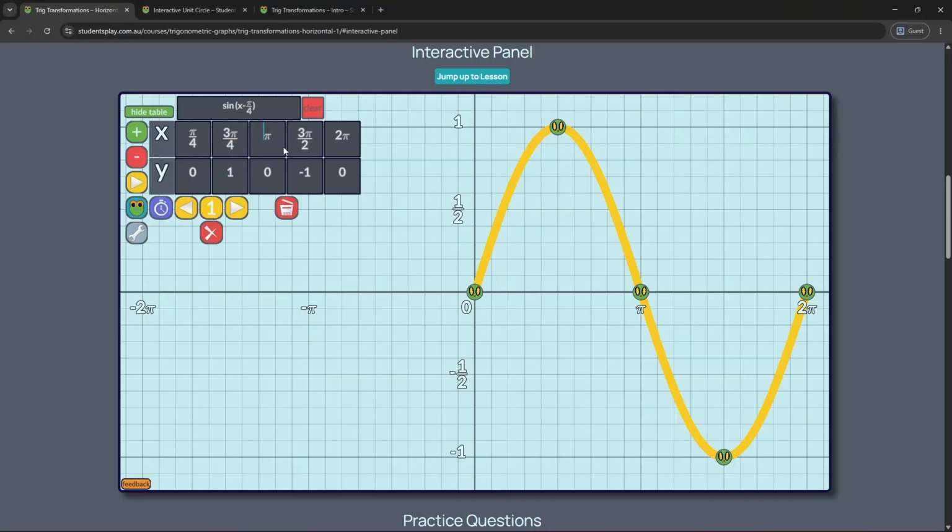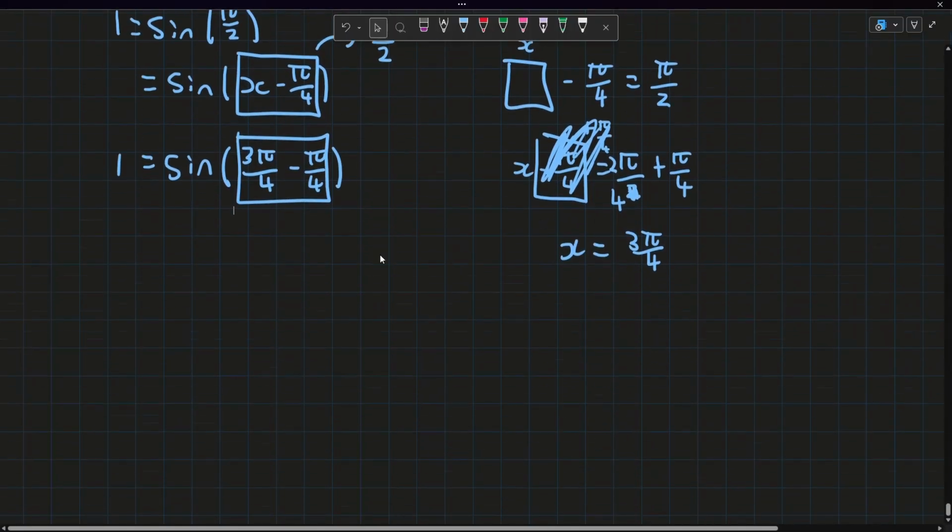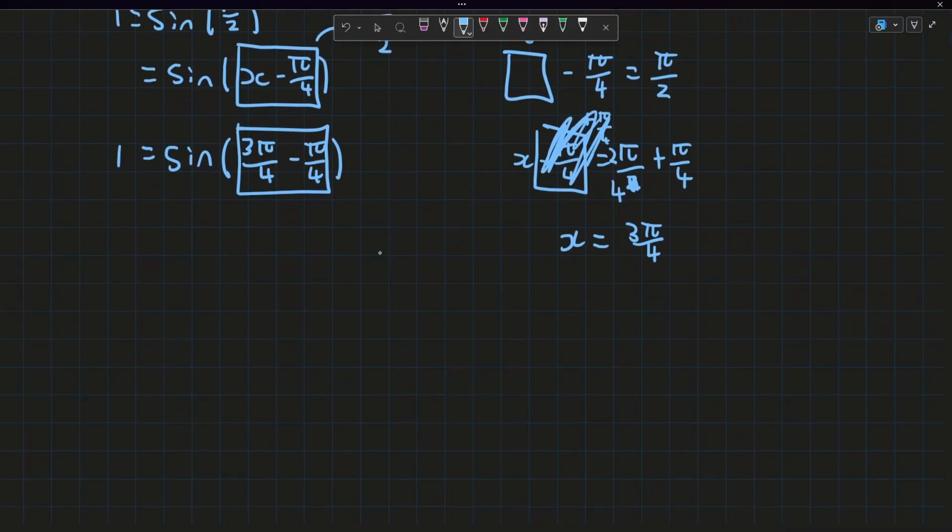Now, next one. We want to have it so that sine of pi will give us our 0, but we can't just make x pi because then it'll change. So going over to here, we want 0 from sine of pi.